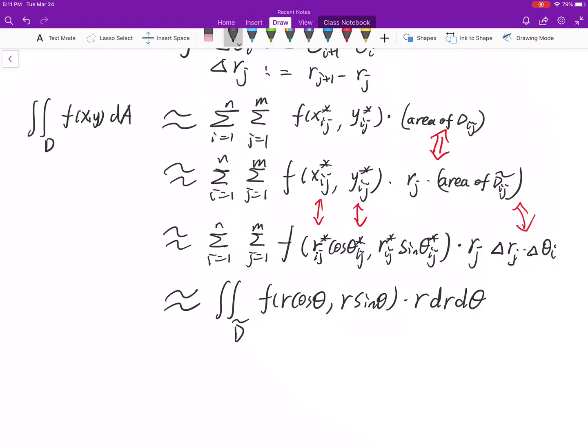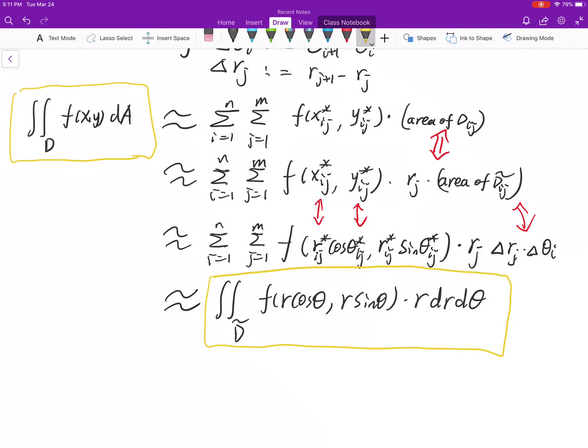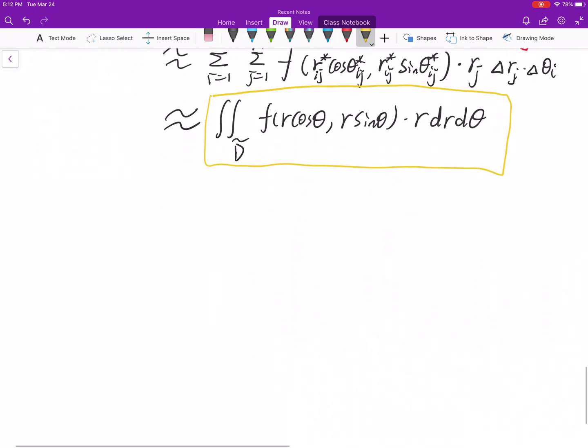Note that although you have a lot of approximation here, the quantities on the left-hand side and the right-hand side are exact. So that depends on how you cut and how you choose a point xij star, yij star, rij star, theta ij star.